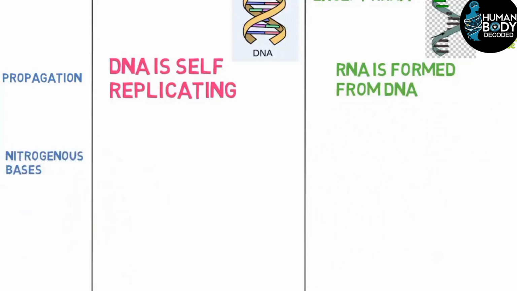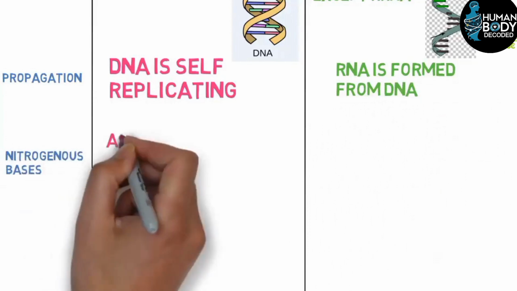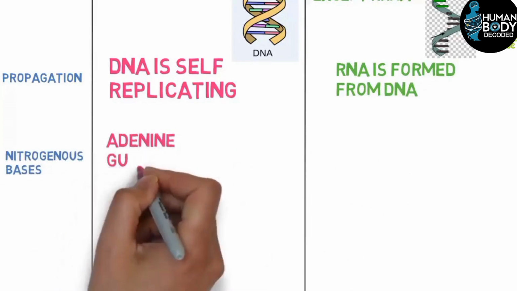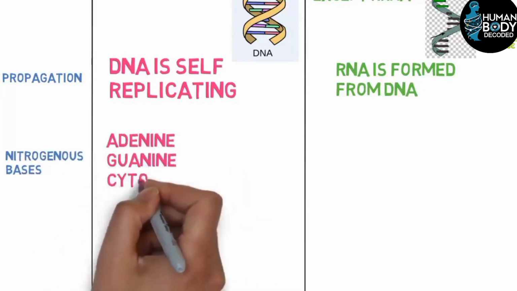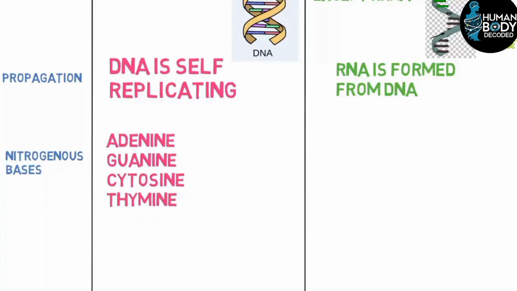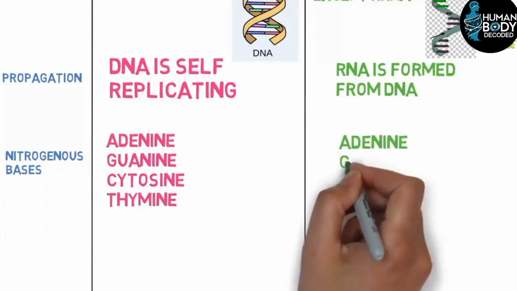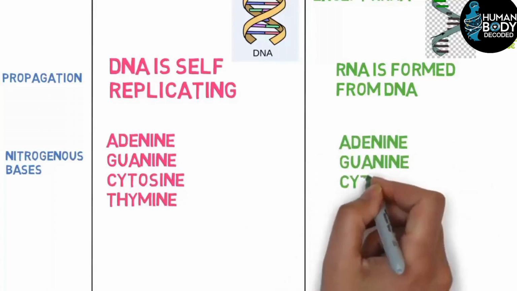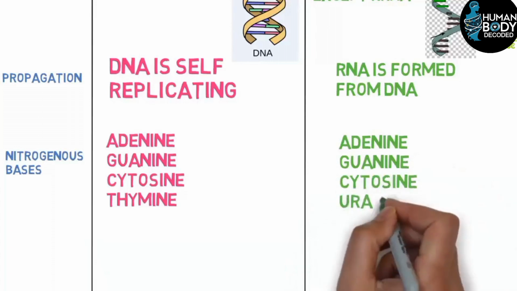The 4th nitrogenous base is different. Adenine, guanine, and cytosine are found in both, but thymine is only found in DNA. In RNA, instead of thymine, there is uracil along with adenine, guanine, and cytosine.